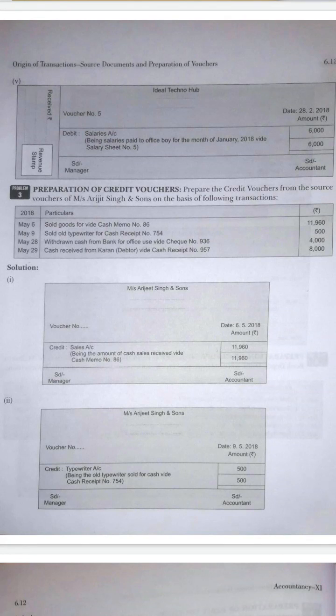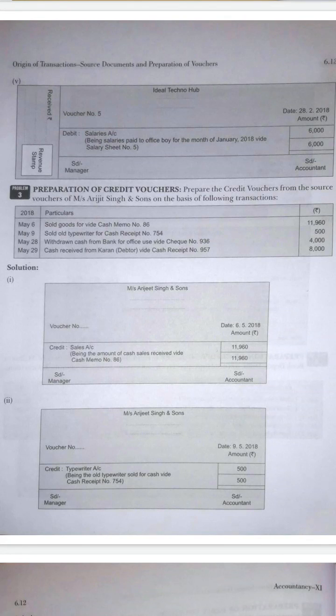We already studied in the last chapter how to analyze the transaction: how many accounts are in each transaction, which account is to be debited and which account will be credited. What is the type of the account, whether it's a real account, personal account or nominal account, and we have to apply the rule. We studied all those particulars in the last chapter itself.